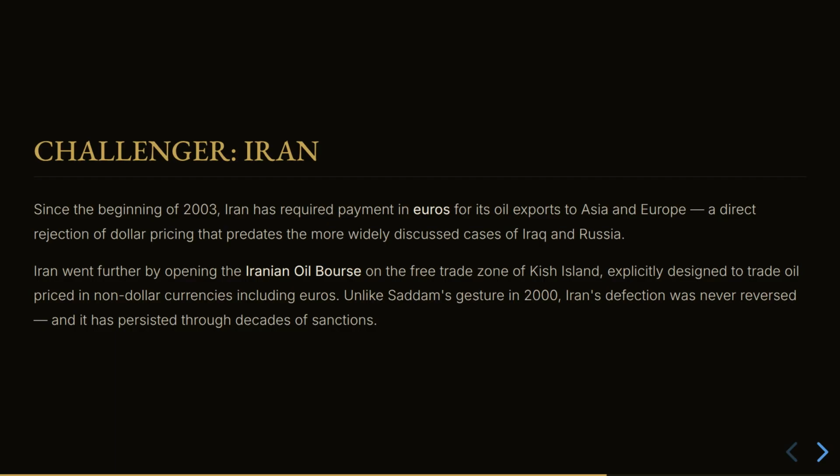Iran went further by opening the Iranian oil berths on the free trade zone of Kish Island, explicitly designed to trade oil priced in non-dollar currencies, including euros. Unlike Saddam's gesture in 2000, Iran's defection was never reversed, and it has persisted through decades of sanctions, right? So we're starting to see why the United States has a problem with Iran.